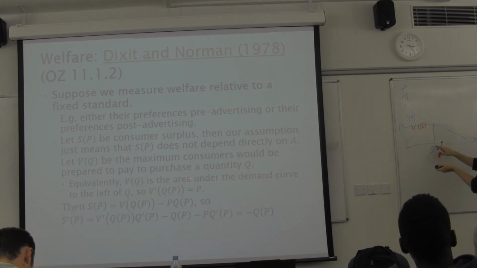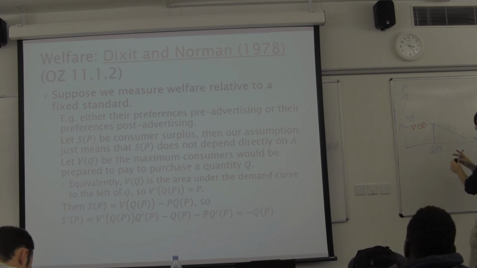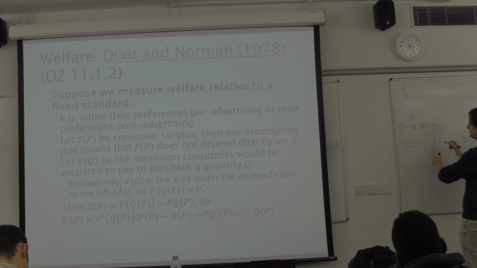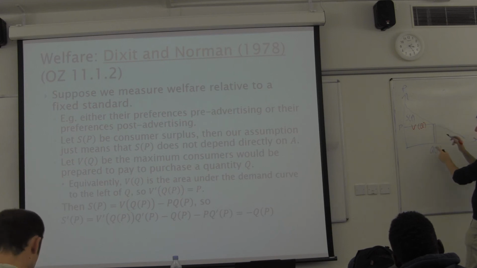That makes sense. So V dash of Q of P equals P. Is that obvious to you? If we increase quantity by 1 unit, moving the new line up there, how much is V of Q increased?